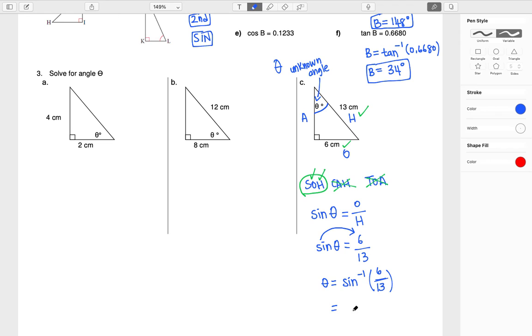So when you close the bracket, you should be getting theta is equal to 27 degrees. So you can do all of this in one step. If you have a backward calculator, what you could do is 6 divided by 13, and then you're going to press second function, and then press sine, and then press equal sign.